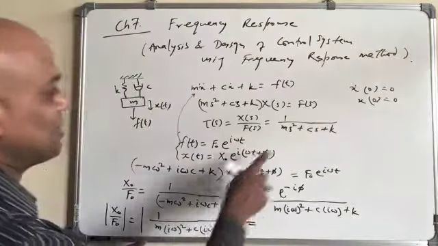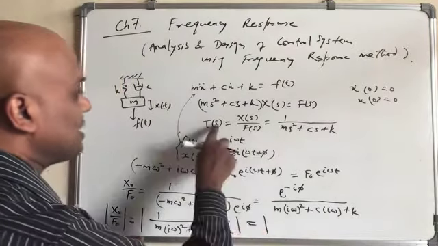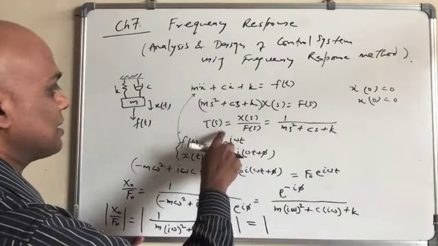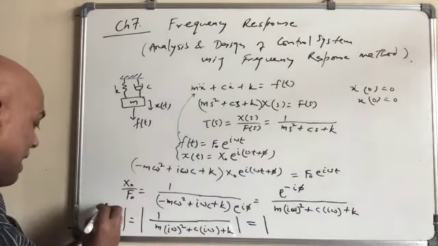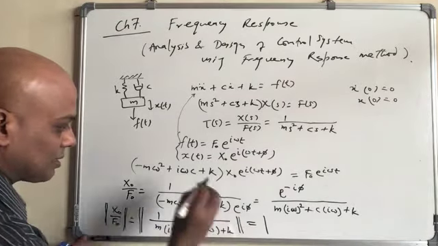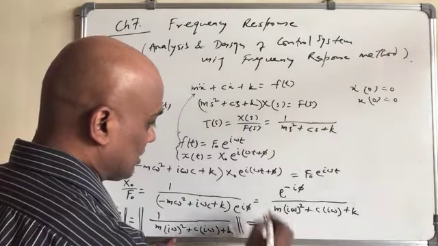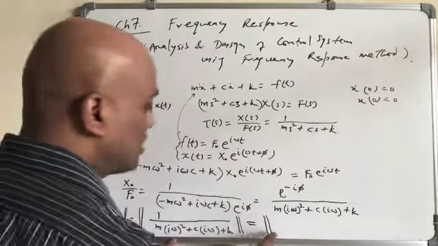Now you can relate this with the transfer function. This is a complex number, so we can write the magnitude like this. This is the amplitude.